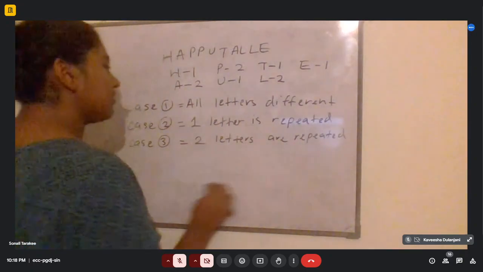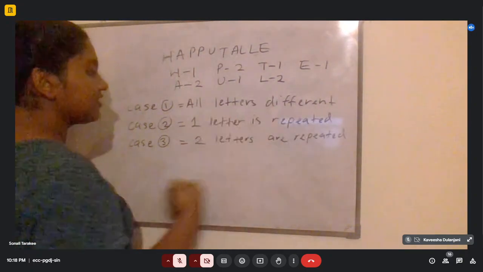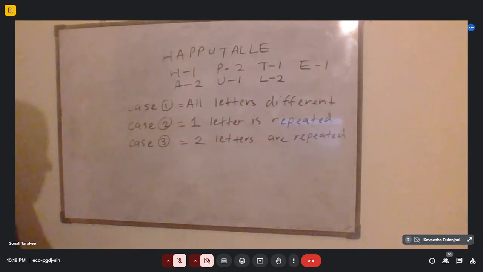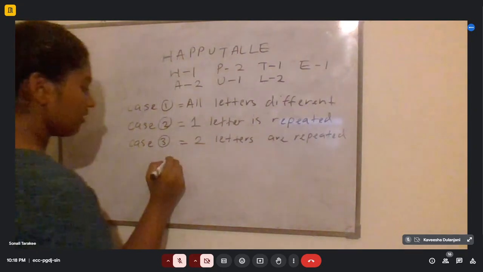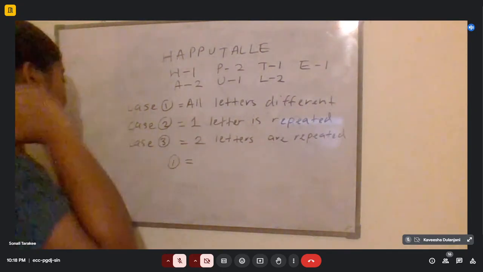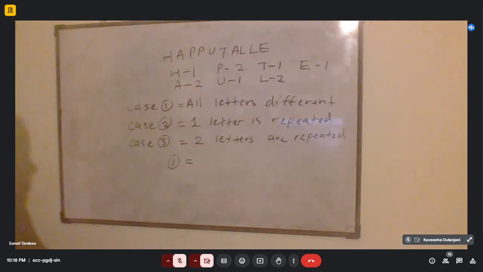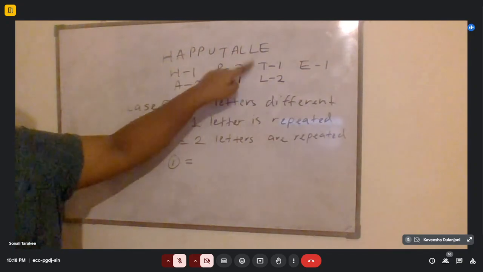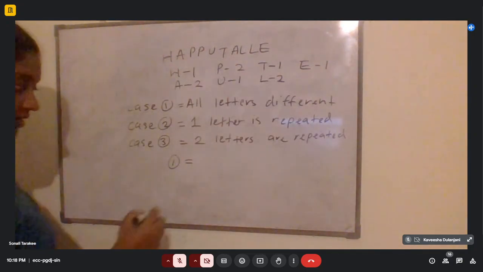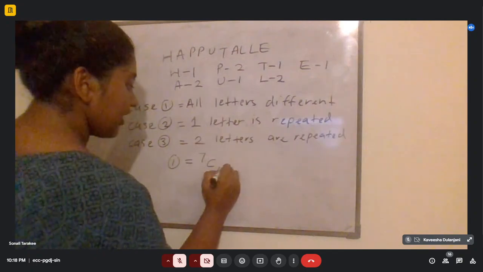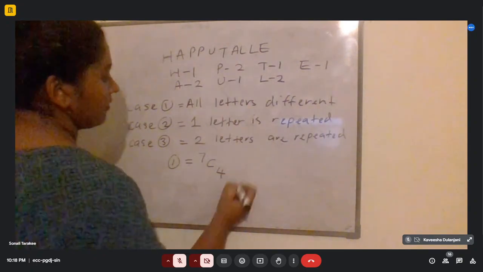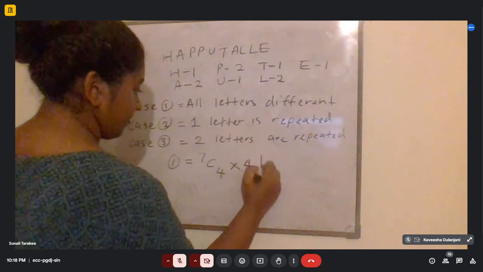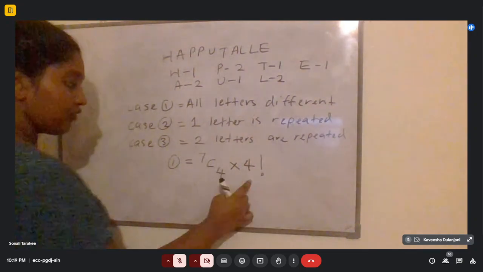Now you have to find the number of possible ways for each scenario. That means we'll take case 1, all different letters. Number of different letters are 1, 2, 3, 4, 5, 6, 7. From these 7, you have to select 4. And 4 factorial.